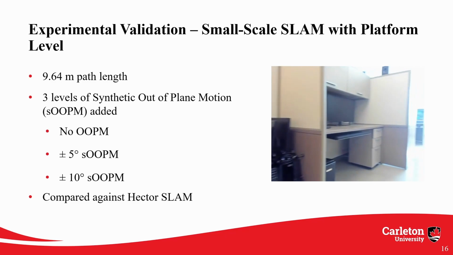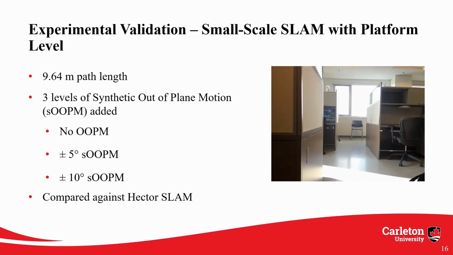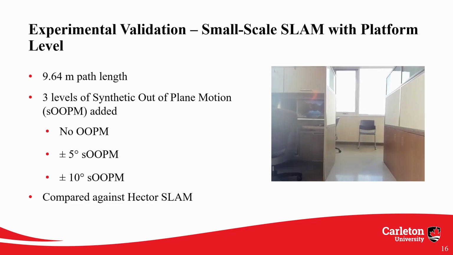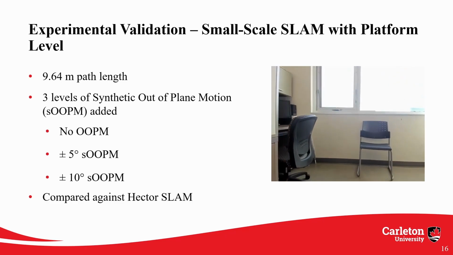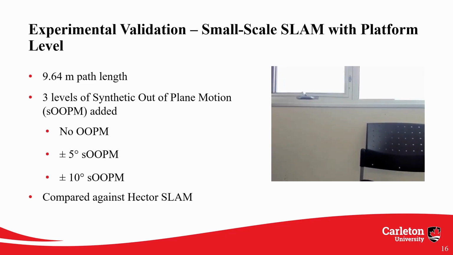The helmet was kept flat so that different levels of synthetic out-of-plane motion could later be added in the range of -5 to +5 degrees and -10 to +10 degrees. Afterwards, we could then observe the impact of each level on our method and the control method, HectorSLAM. HectorSLAM is a SLAM algorithm that also uses an IMU and is popular for robots running Robot Operating System.